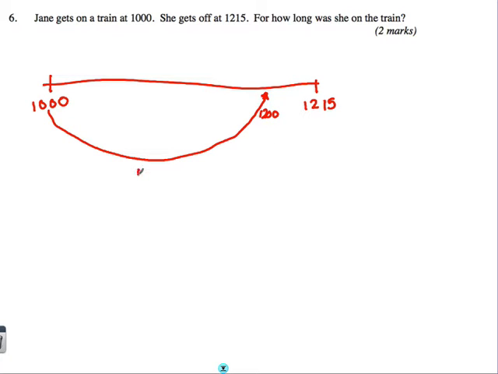So it'll be 2 hours so far. 2 hours later she'll reach there, and she needs to go an extra 15 minutes. So altogether it's just 2 hours and 15 minutes.